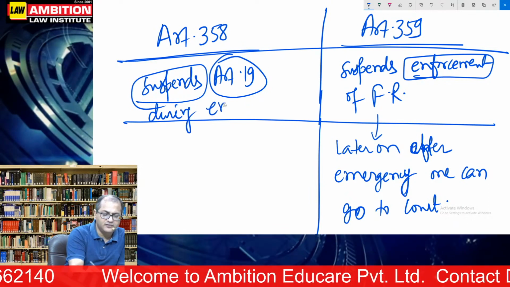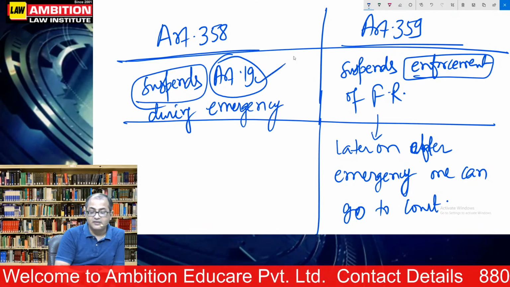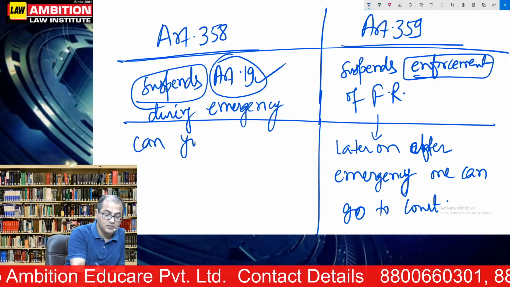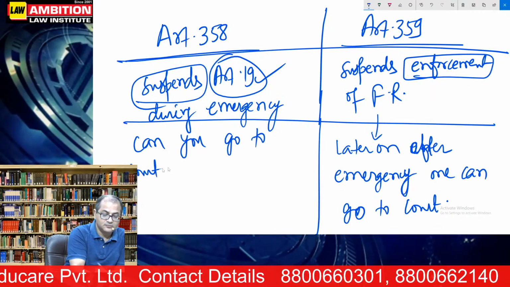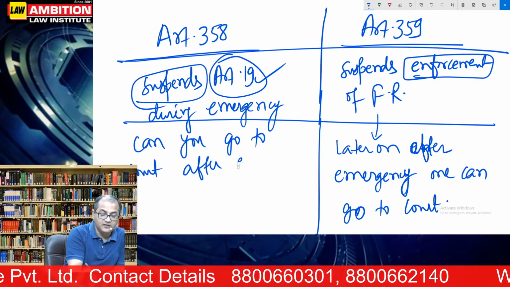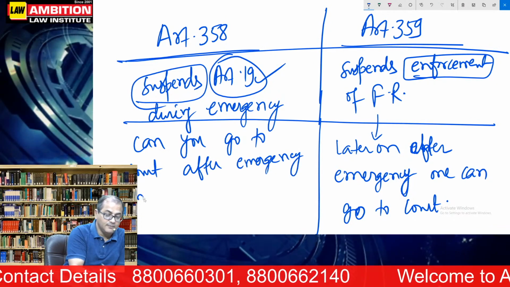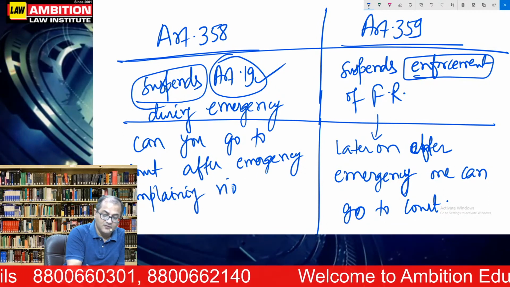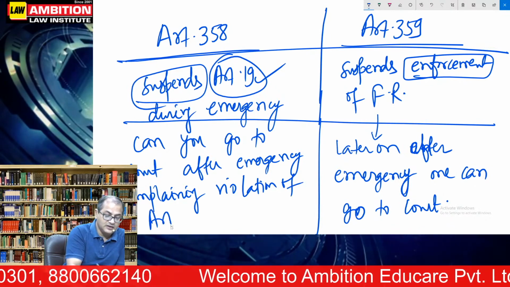So if I ask you a question: if Article 19 was not there with you during emergency, can you go to court after emergency complaining of violation of Article 19?